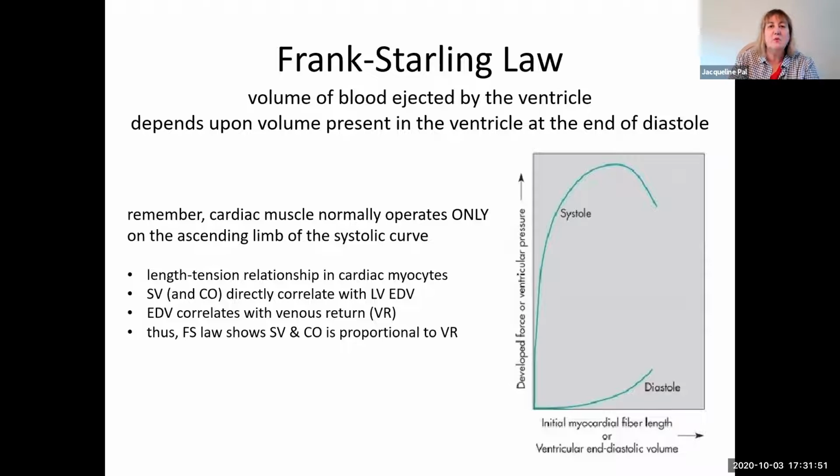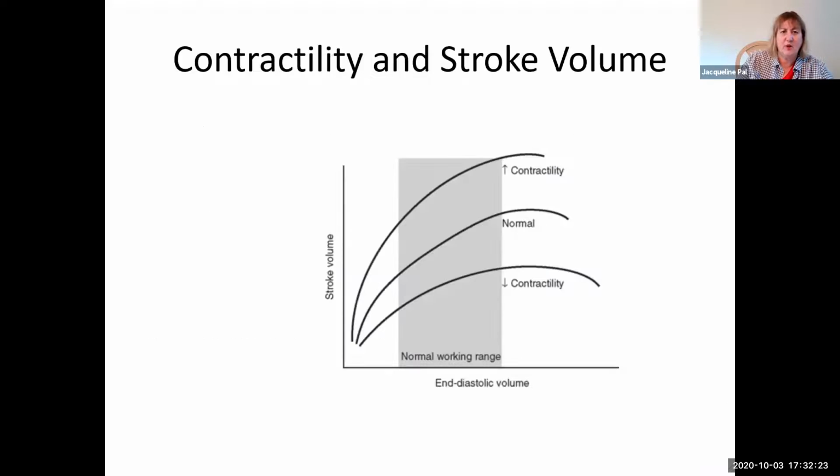Because the end diastolic volume has to do with what's coming into the heart, or the preload, we can say the end diastolic volume correlates with the venous return to the heart. So the net result is that Frank-Starling shows that the stroke volume, and thus the cardiac output, are proportional to the venous return, which is related to venous pressure.